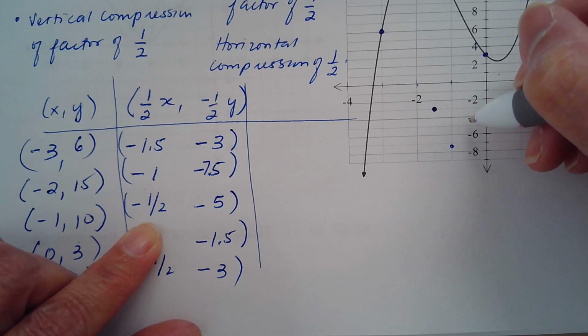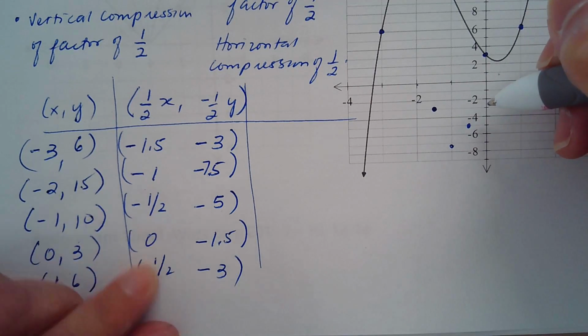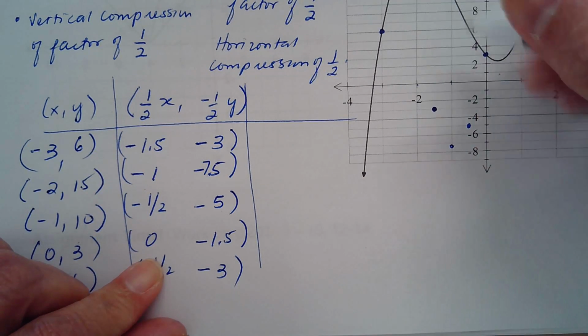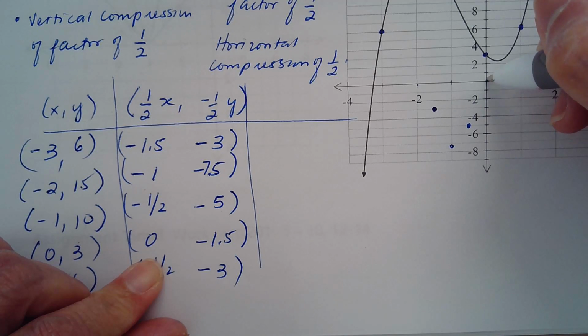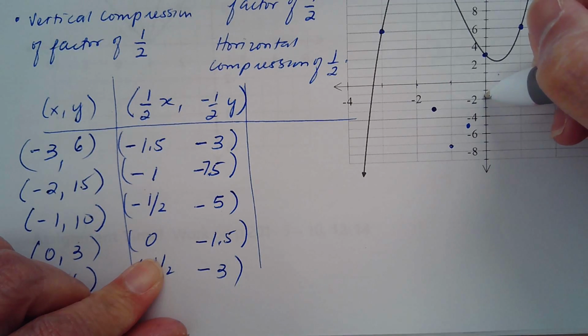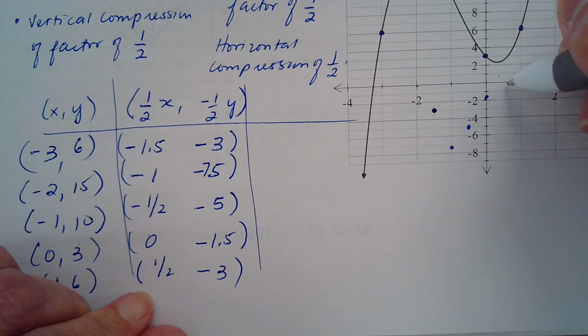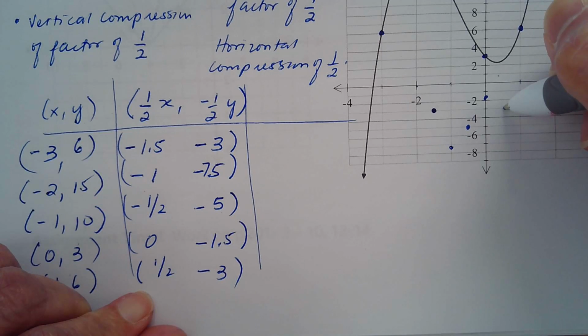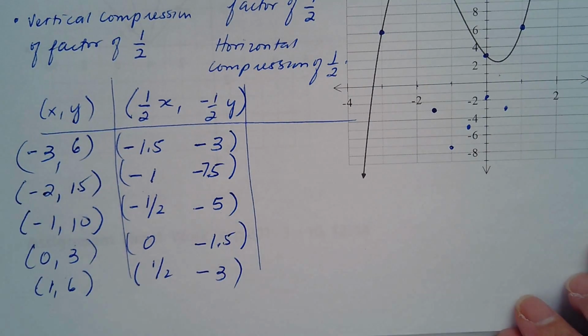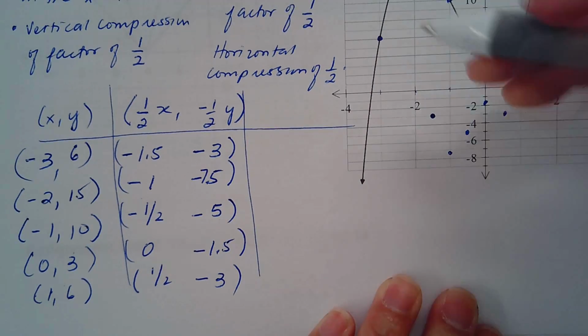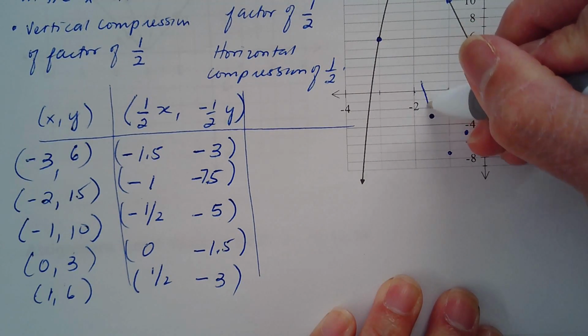Negative a half, negative 5. 0, negative 1.5. And then a half, negative 3. So that looks like this.